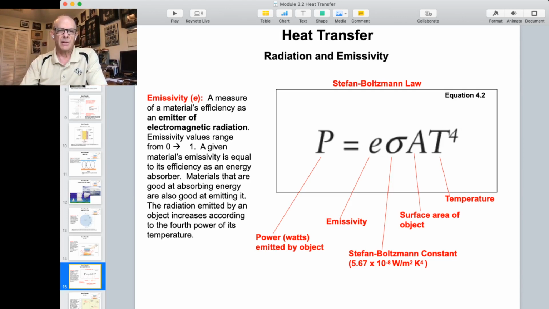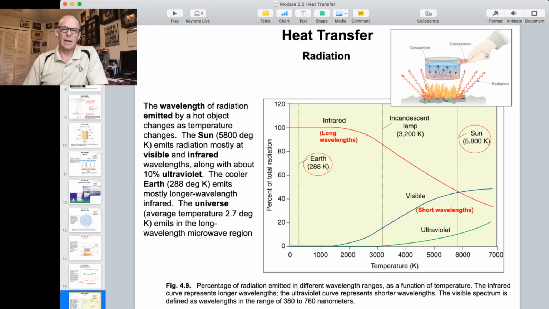There's another aspect of thermal radiation, and that is that the hotter the object, the shorter the wavelength of light that it is mostly radiating in. So the radiation that we're getting from the sun is coming from a part of the sun that's at about 6,000 Kelvin.